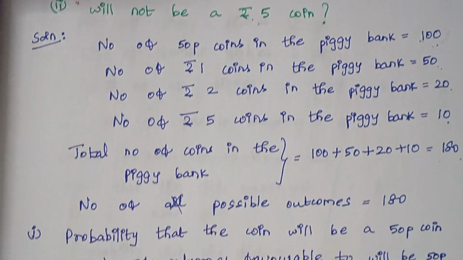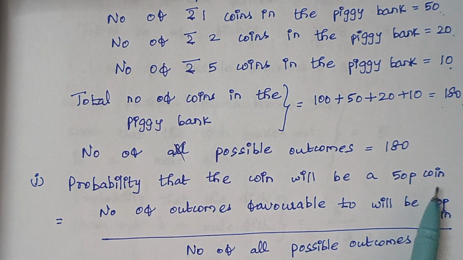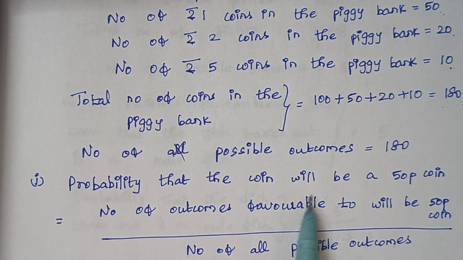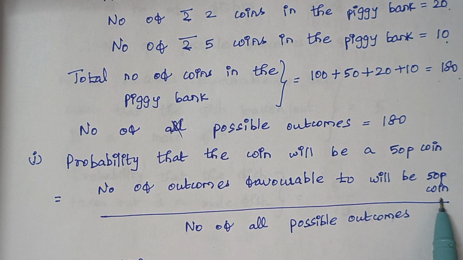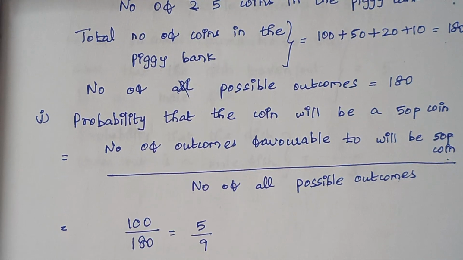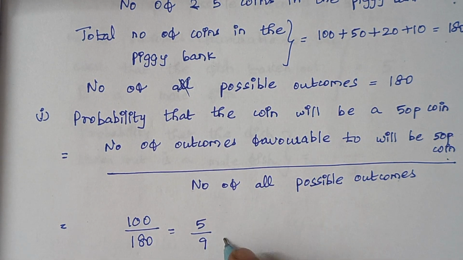The number of all possible outcomes always occupies the denominator, and the numerator is the number of favorable outcomes. So 100 by 180 is given by 5 by 9. This is the respective answer.